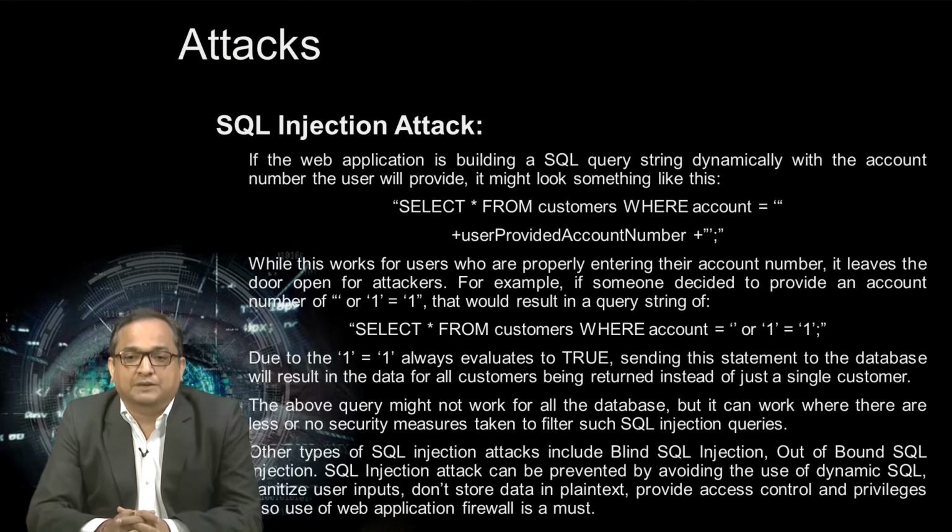For example, if someone decided to provide an account number of 1' or '1'='1, that would result in a query string of SELECT * FROM customer WHERE account = '1' or '1'='1'. Since 1 equals 1 always evaluates to true, sending this statement to the database will result in the data for all the customers being returned instead of just a single customer.